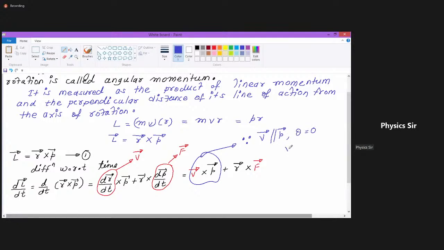Once the angle between them is zero, v cross p is vp sine theta, and this will lead to zero. So this will be equal to zero plus r cross F. This r cross F is nothing but the torque.